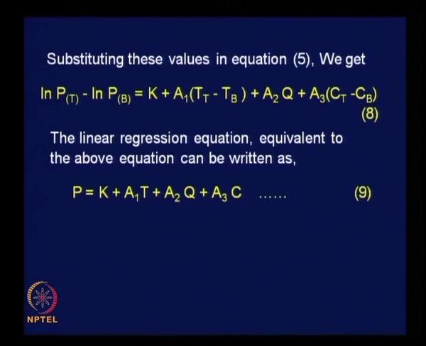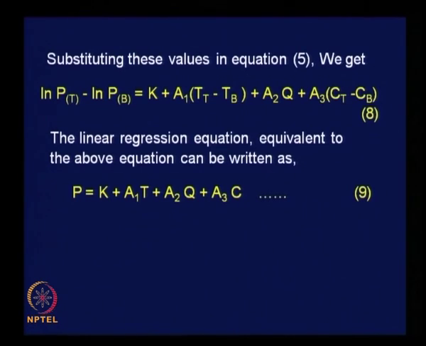T is nothing but Tt minus Tb, the travel time difference for any travel from an origin to a destination between train and bus. Q, you know what value to be substituted depending upon the distance involved, and then C is nothing but Ct minus Cb, the travel cost difference between train and bus.